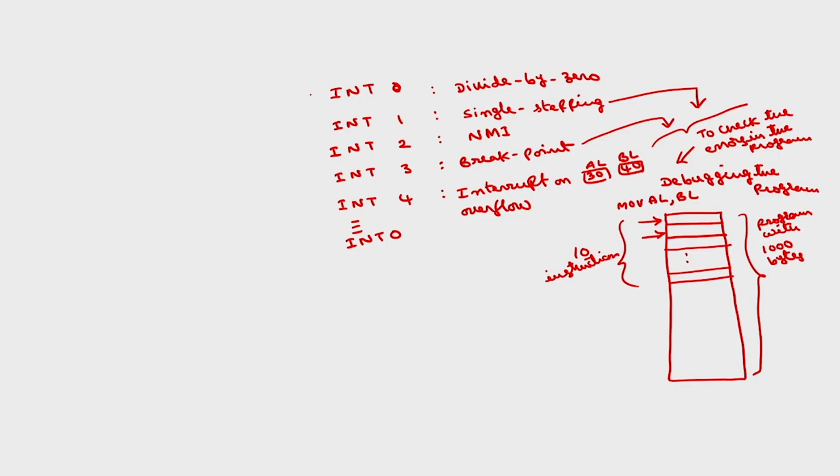These 5 interrupts, 0 to 4, are called predefined interrupts.